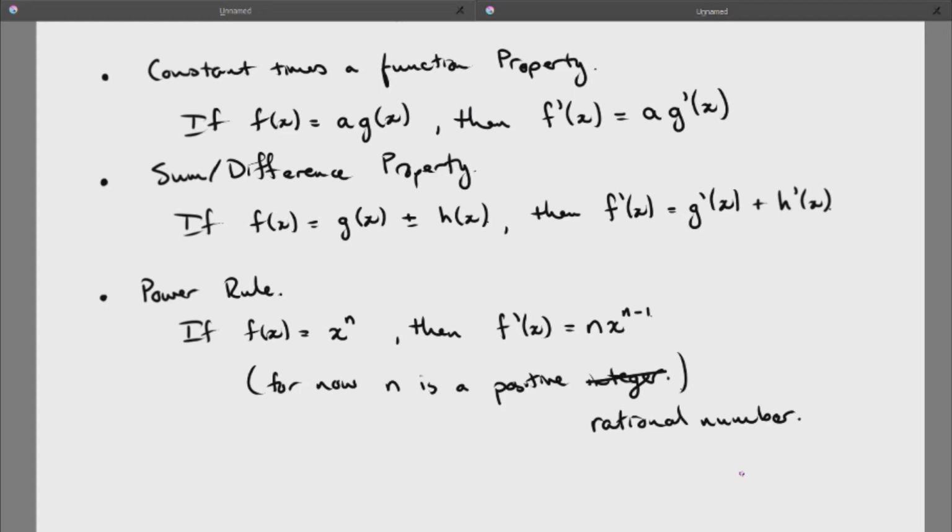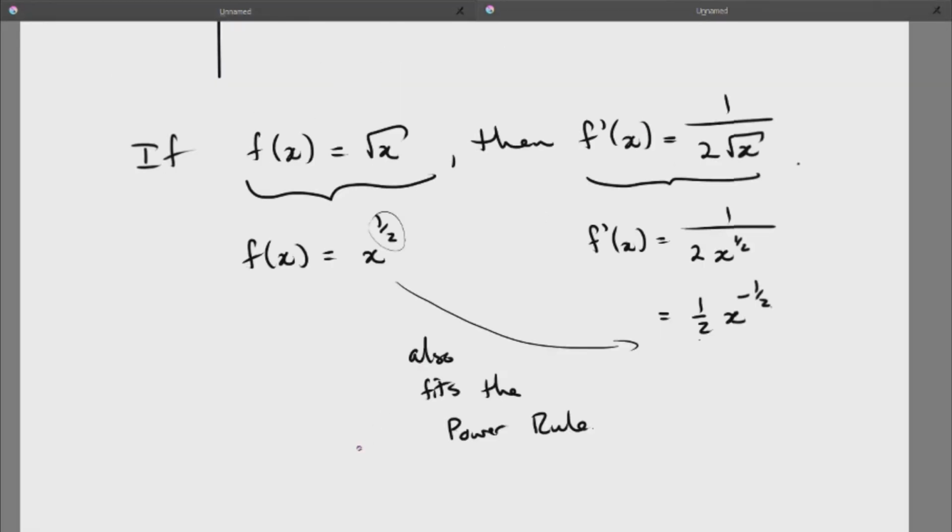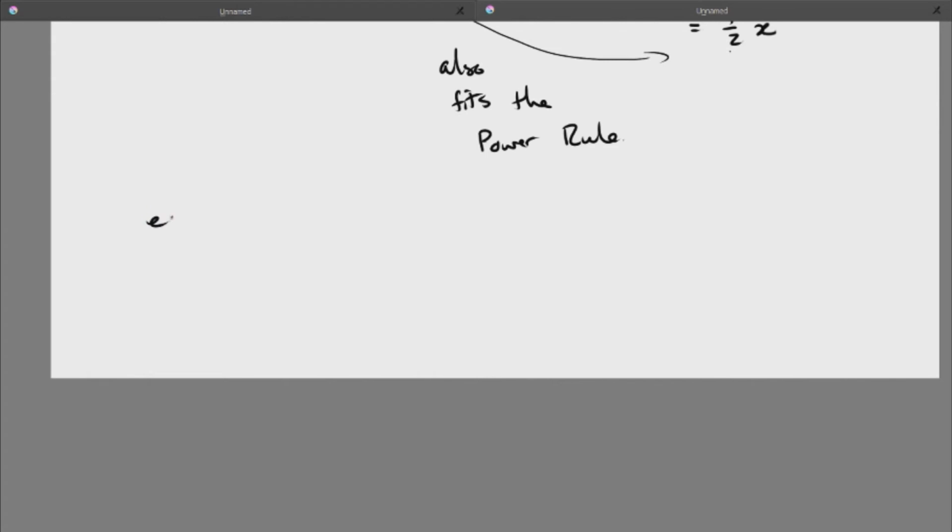For example, I'll do it over here. If I have, just as a side example, let's suppose I have f of x equals x to the power of, whatever, I don't even know, random fraction, 7/3.